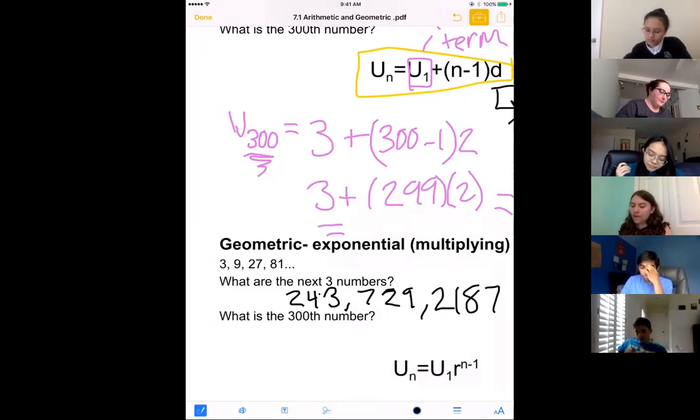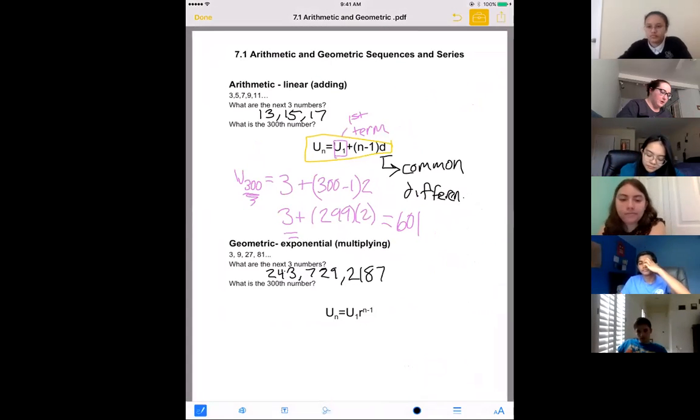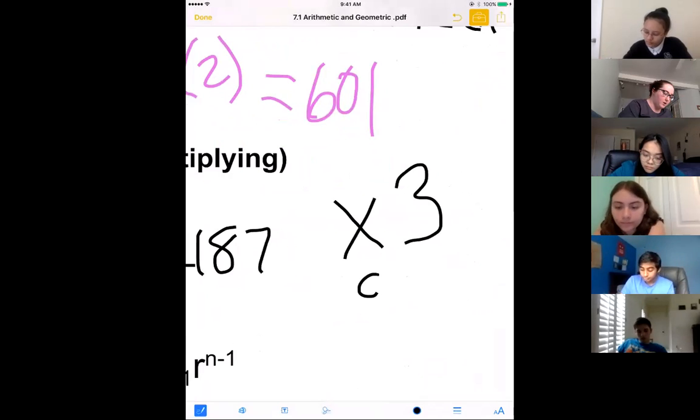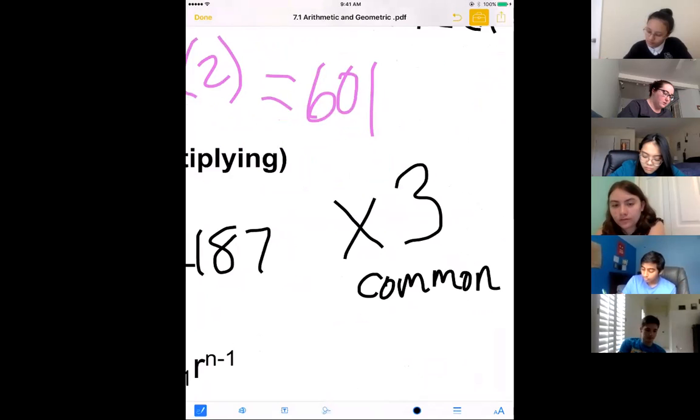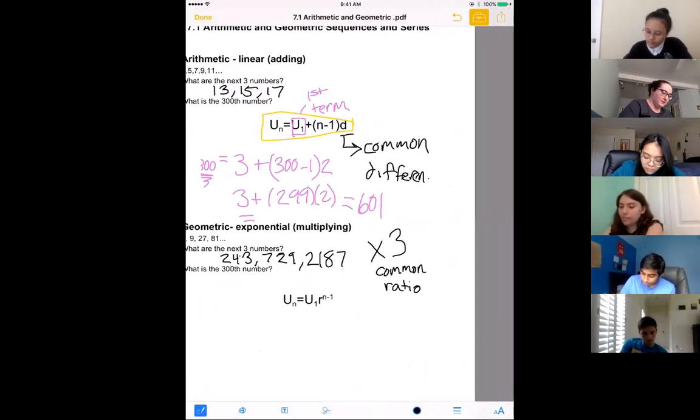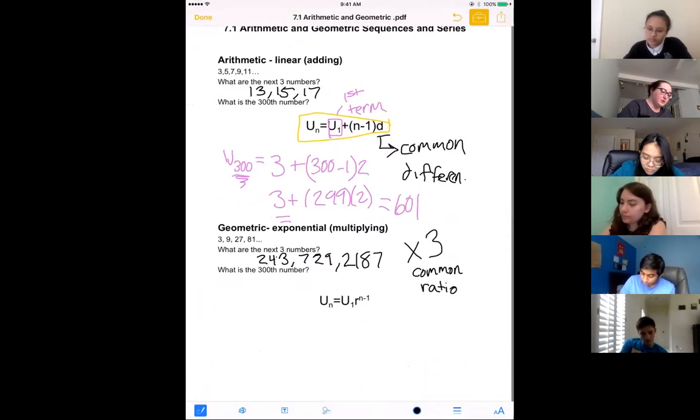What's happening? Multiplying by 3. Okay, so they're multiplying by 3. So this is called our common ratio. It's the ratio each time, hence common ratio. So that would be our r, and then it follows the same pattern.